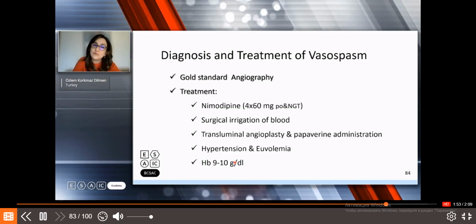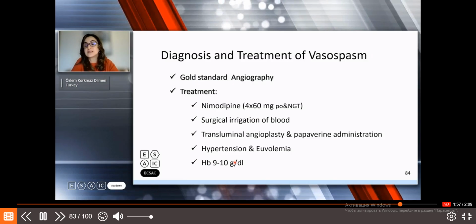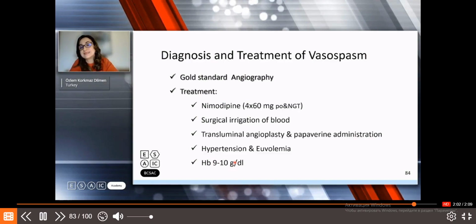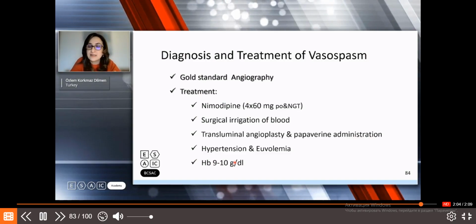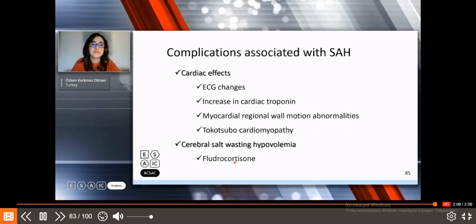Low molecular weight heparin or some anti-inflammatory drugs are administered to reduce the risk of delayed cerebral ischemia, but we need further research in that area.